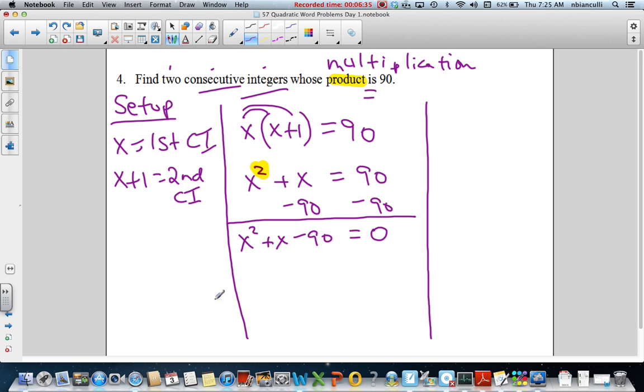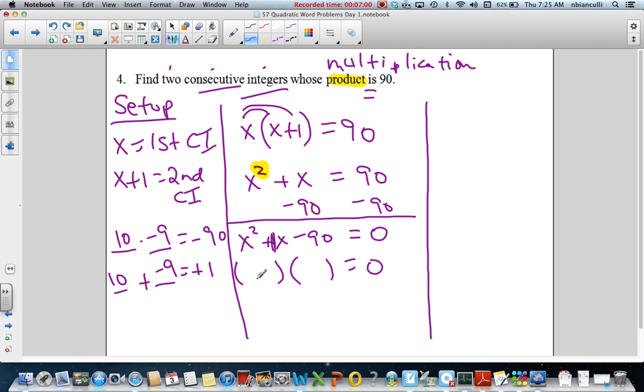And now we can factor. This is an IM problem. So something times something equals negative 90, and something plus something equals a positive 1. And the magic number pairs that work for this are 10 and negative 9.